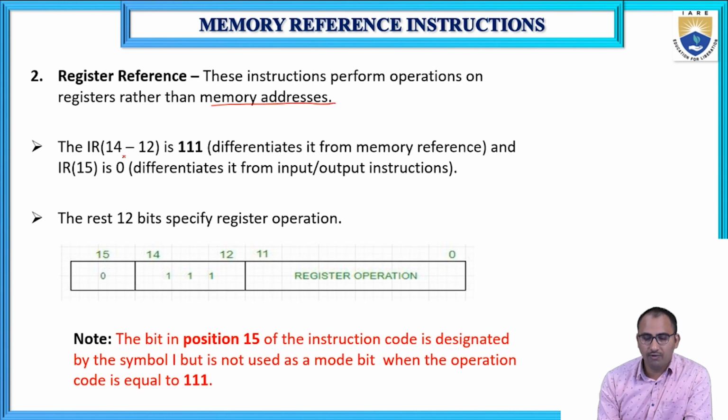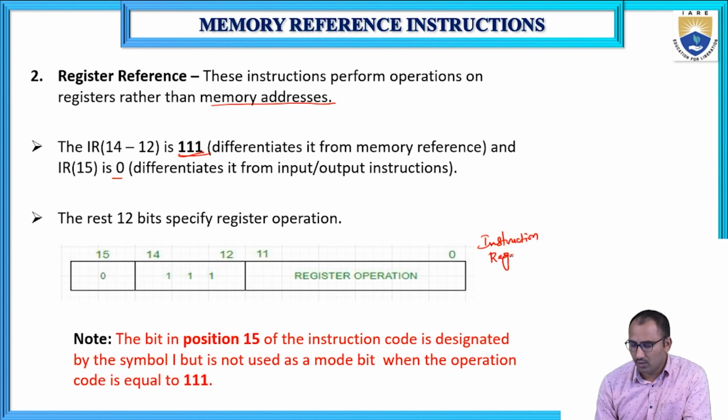So IR of 12 to 14 is 111. For this register reference instruction, the opcode bits, that means the 12th, 13th and 14th bits, should be equal to logic 1, and IR of 15 is equal to 0. Here you can see the 15th bit of the IR, the instruction register.